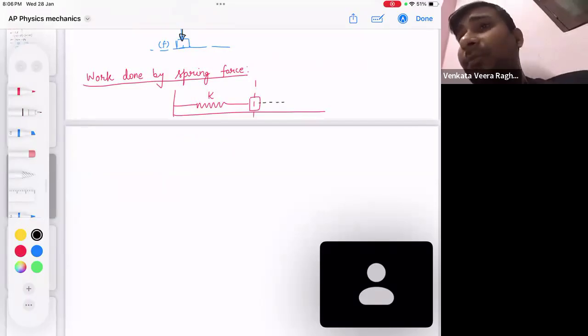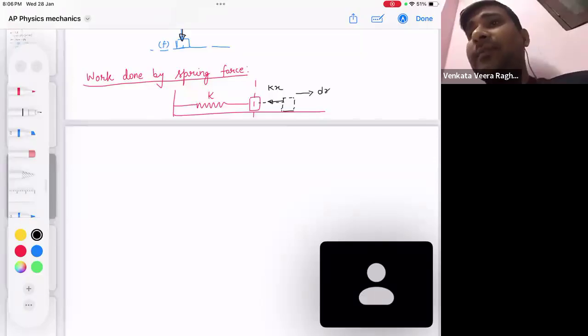If you displace the spring by some distance x, the force that will start acting is kx, and you are going to displace it further by something dx. So can you tell me what will be the small amount of work done?